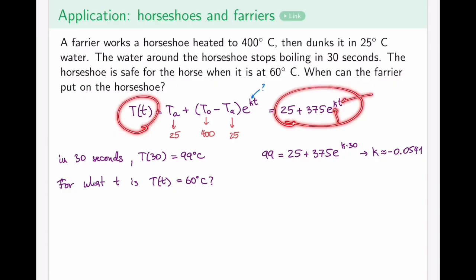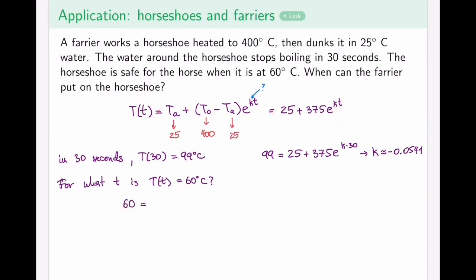Now I know my constant k, and I will be after the value for the time t on the right-hand side. Okay, so altogether, the equation I have is 60 is equal to 25 plus 375 e to the power k, which we've just discovered was minus 0.0541, times t. Once again, this equation simply has one unknown, which is t, and we can solve for it.